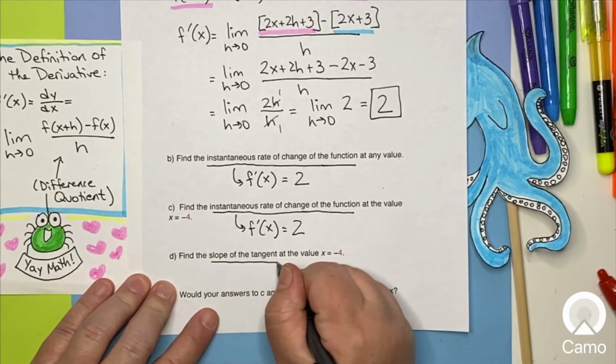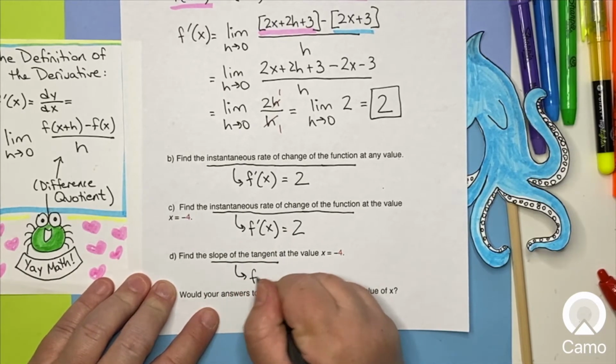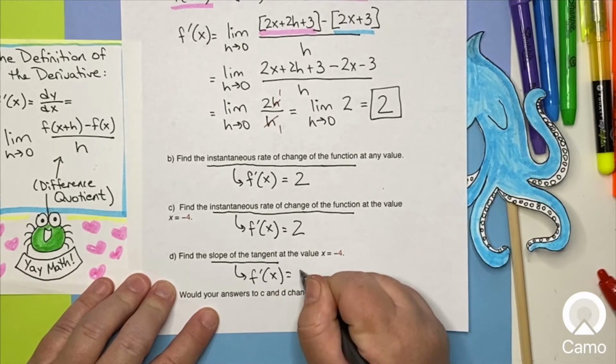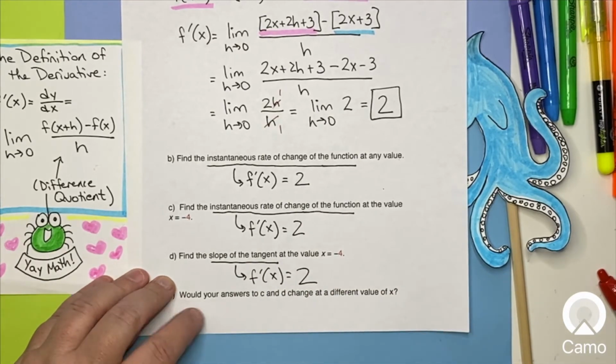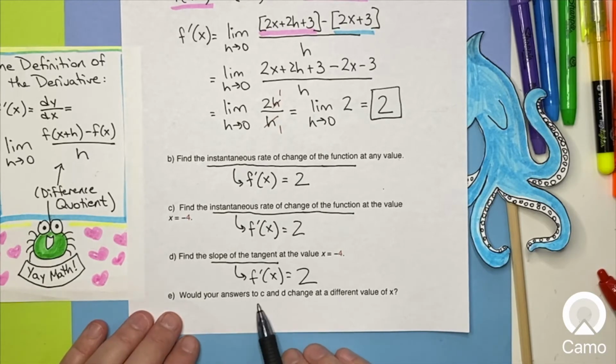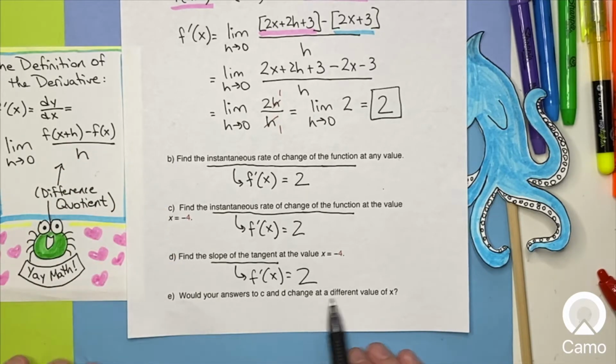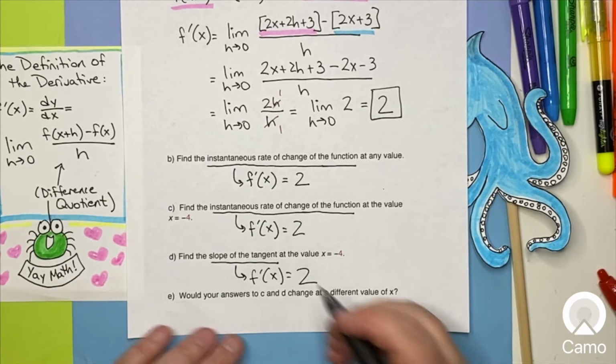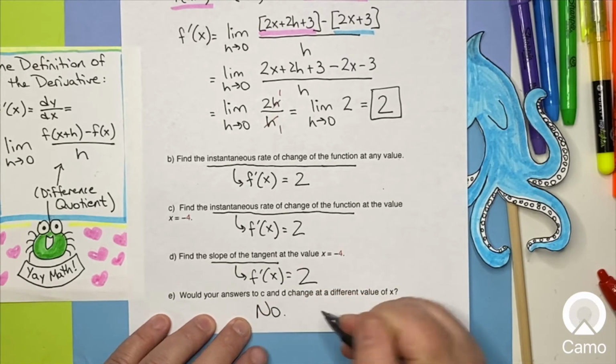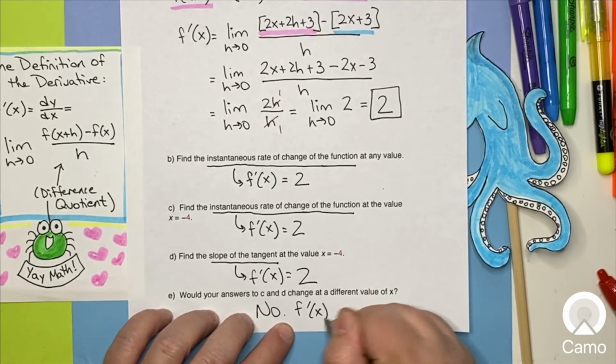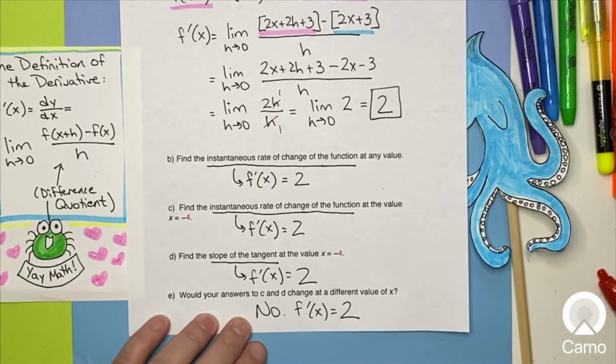The slope of the tangent line, that's the derivative. The derivative is 2. You're right. Would your answers to C and D change at a different value for x? And the answer is no. f prime of x equals 2. It just always equals 2.